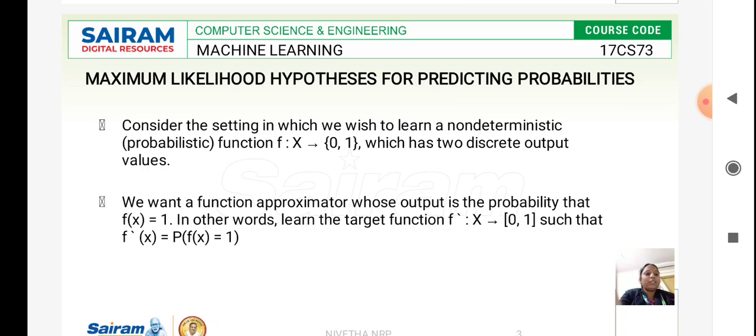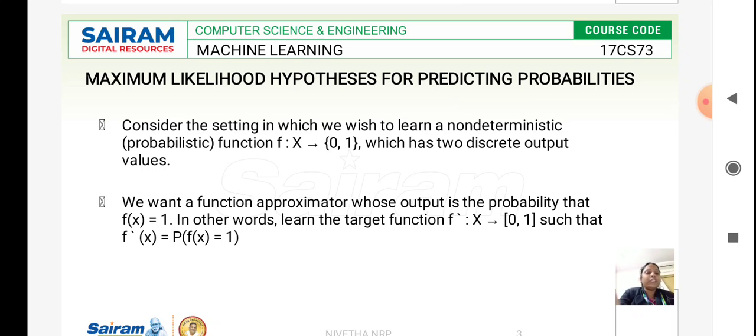Out of 2 events, the probability of occurrence of one event will be 1 by 2. So we generally represent this as a non-deterministic function f(x) with outputs 0, 1. We have two events here, and we will have either 0 or 1. This is the general expression to represent a non-deterministic probability.